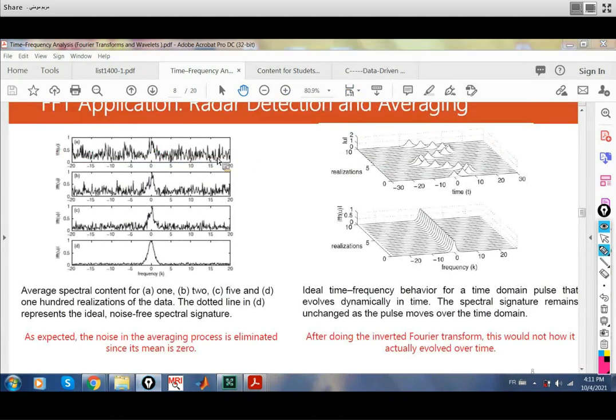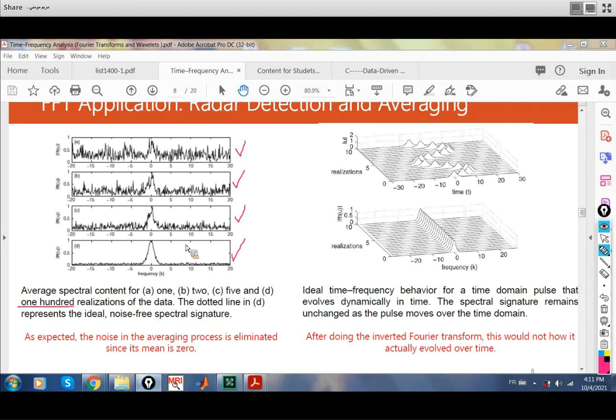For example, in A, it is the one signal, B is the average of two signals in Fourier domain, C is the average of 5 signals, and D is the average of 100 signals in Fourier domain.